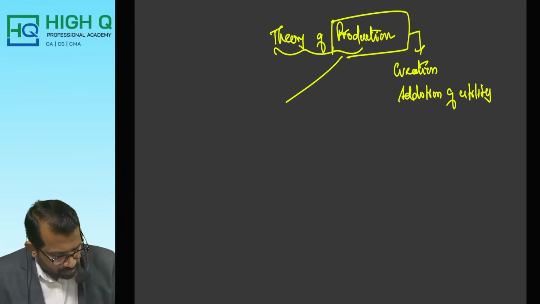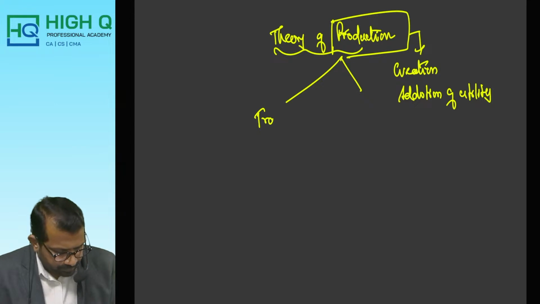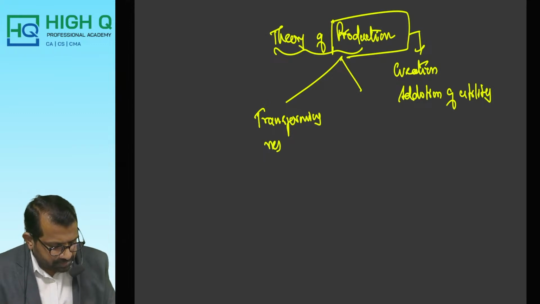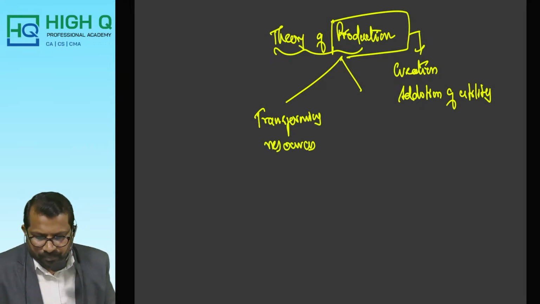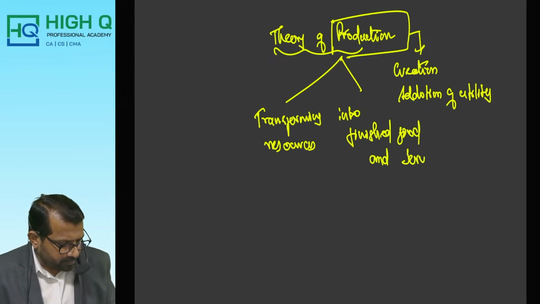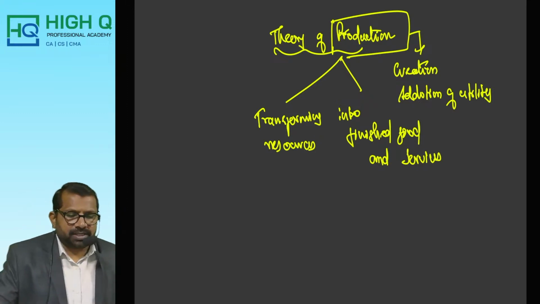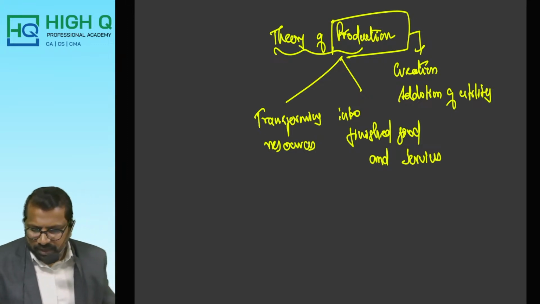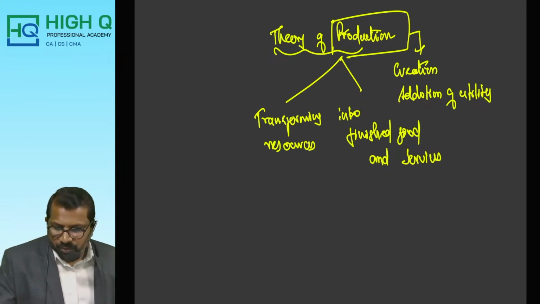In very simple concept, production is transforming resources into finished goods and services. So whatever the resources are available, those resources are going to be converted into finished goods and services. It is called as production.